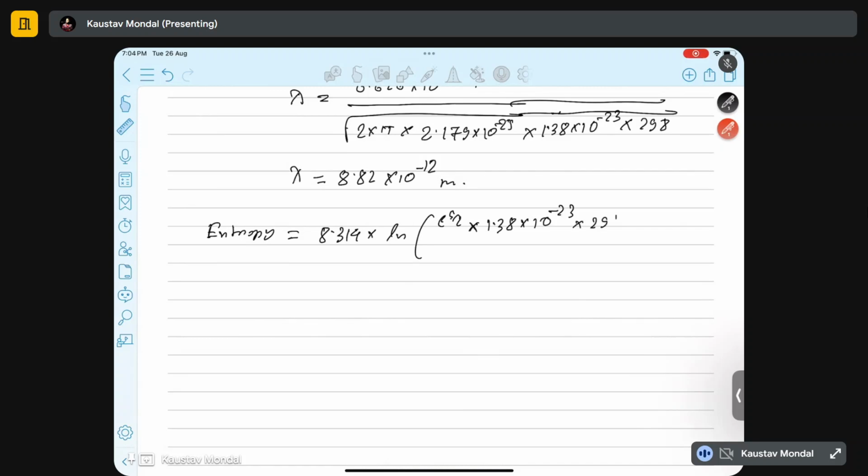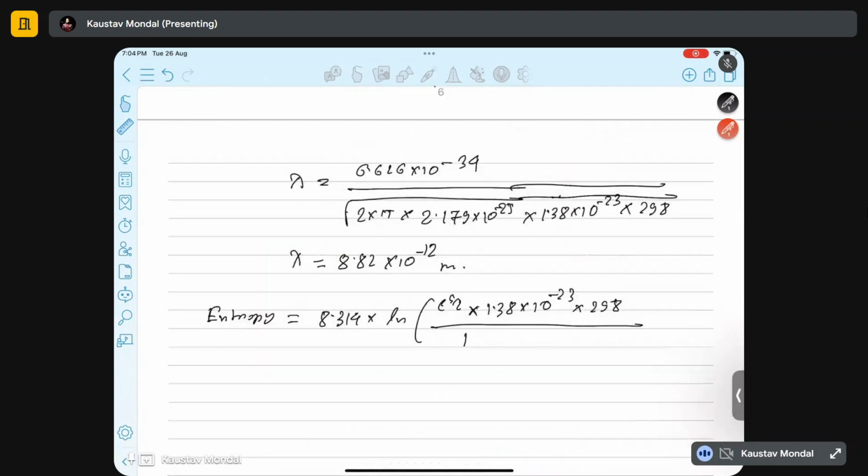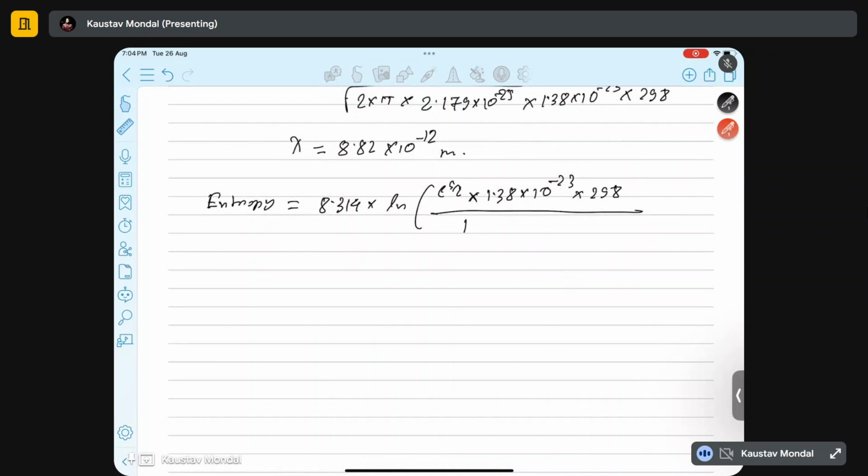T is 298 here. The pressure is in the denominator, right? Yeah, P by lambda into lambda cube. So pressure is 10 to the power 5 into lambda cube, which is 8.82 into 10 to the power minus 12 cubed. Okay, so this is the expression of the entropy I'm getting.